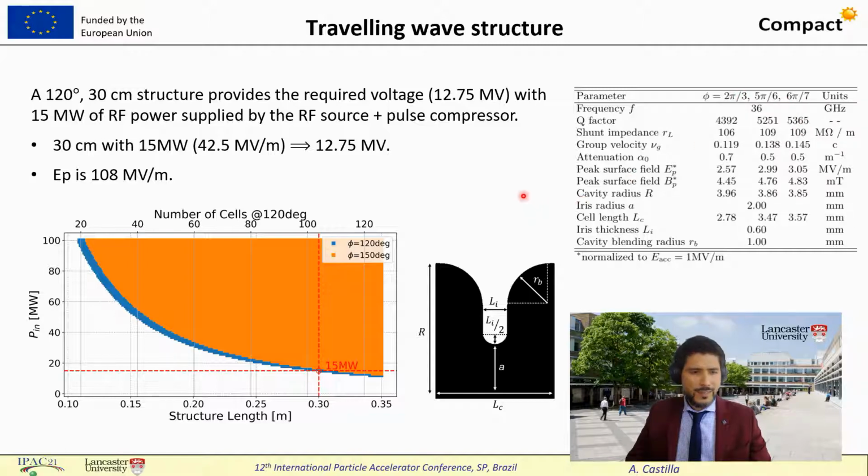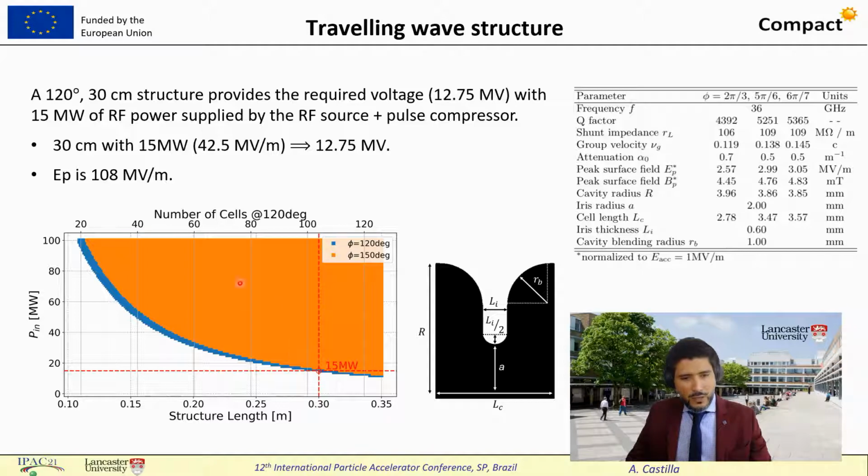One of the interesting things to notice is that if we compare the 120 degrees to the 150 degrees phase advance structure, at longer lengths of the structure the difference is minute essentially.